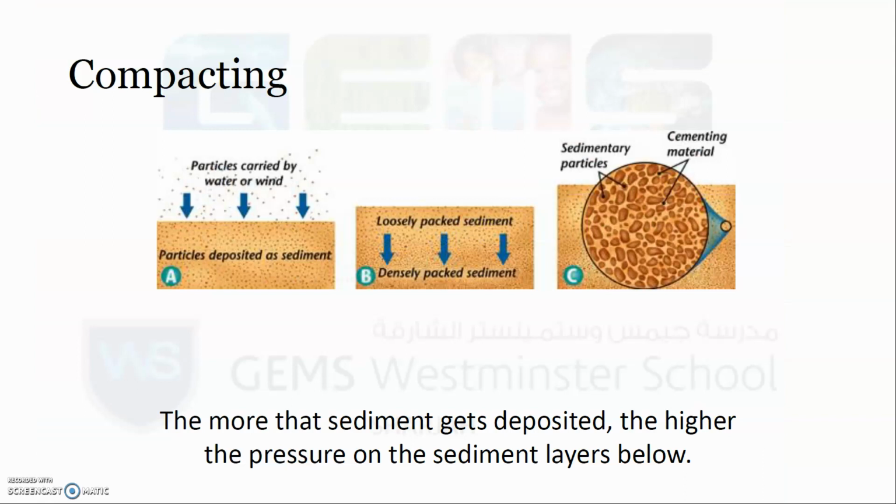Okay, once that's done, we're going ahead to compacting. Compacting happens after deposition. Particles that get carried by water or wind will be deposited in a place, as we said. The more sediments get deposited, the higher the pressure on the sediment layers below.